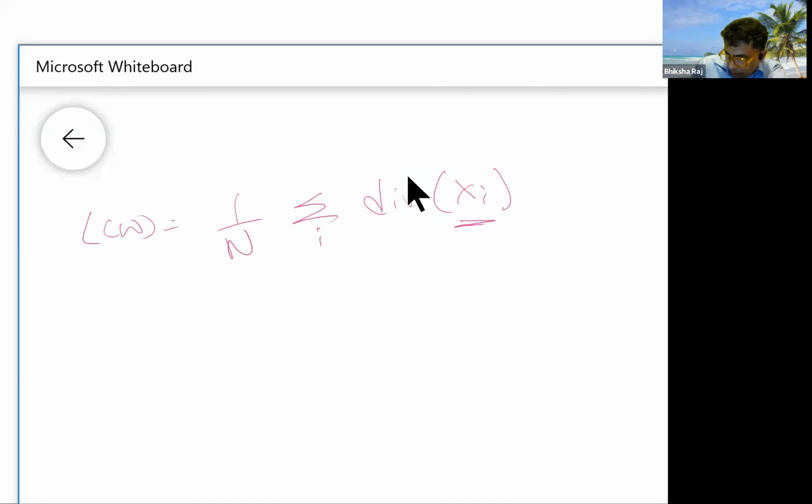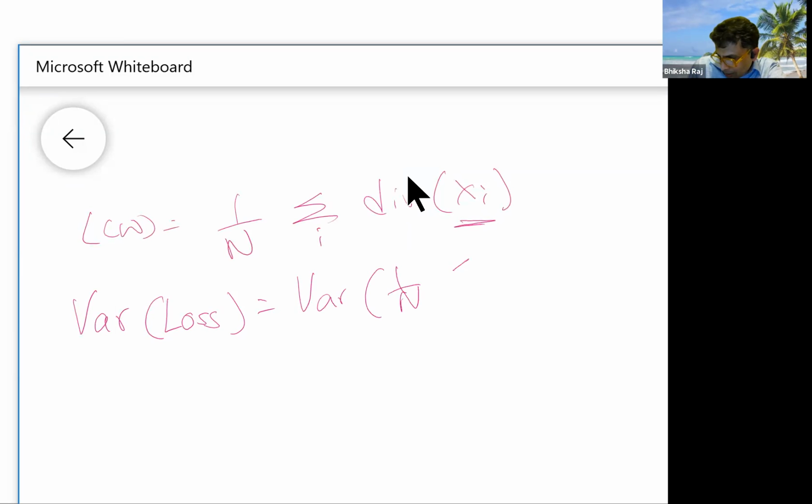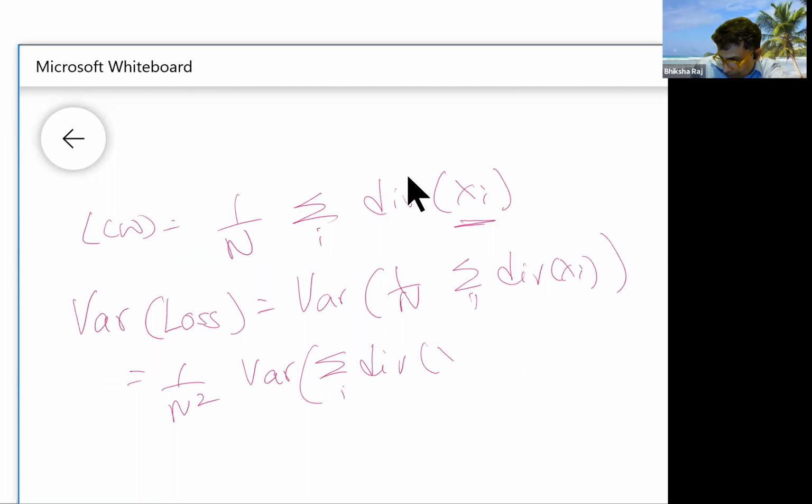So if all of the xi's are independent, then I can write the variance of the loss as the variance of 1 over n summation i divergence of xi, which is going to be 1 over n squared times the variance of summation i divergence of xi.